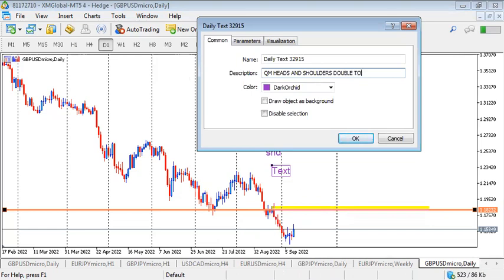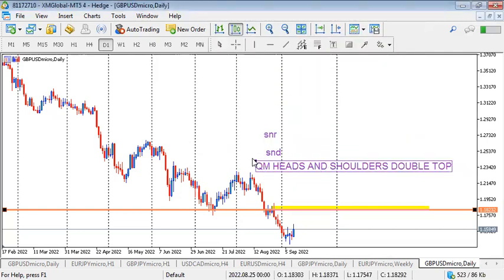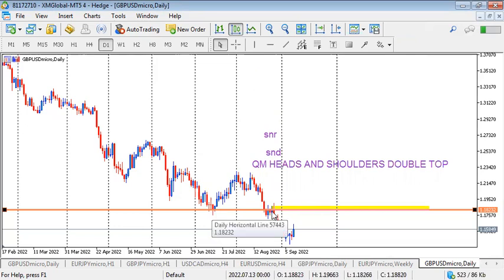But you're going to be looking for this on the 15 minutes time frame, most likely. So once these three ingredients are complete, we have support, we have supply, we have drop, base, drop, supply zone.